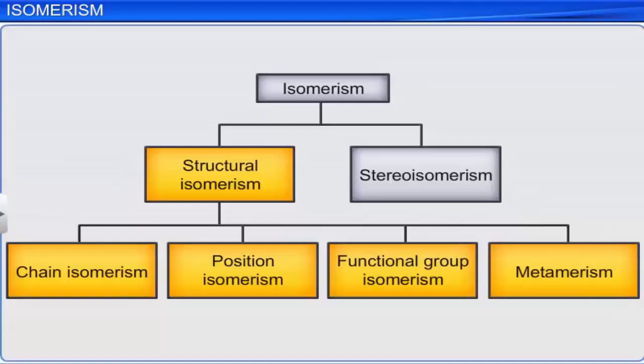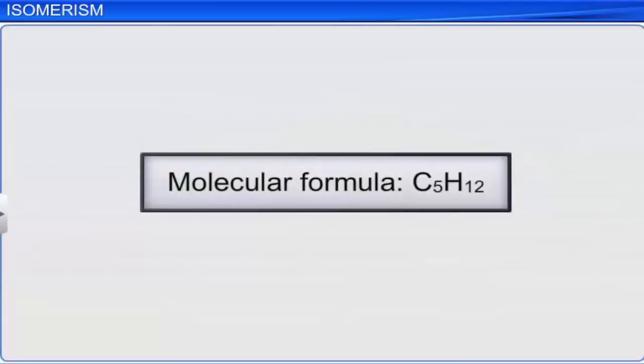Let's look at chain isomerism. Compounds that have the same molecular formula but different carbon chain, that is, straight or branched chain, are known as chain isomers, and the phenomenon is known as chain isomerism. For example, the following three chain isomers are possible with molecular formula C5H12.